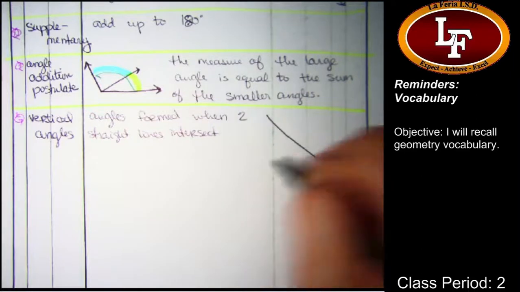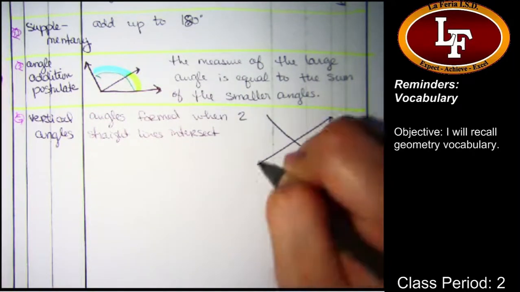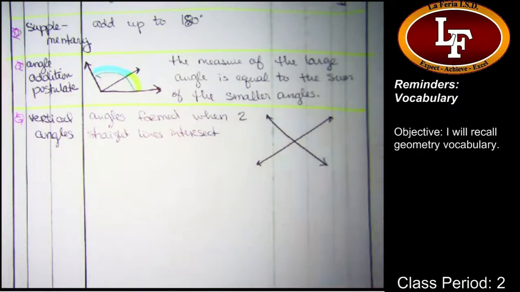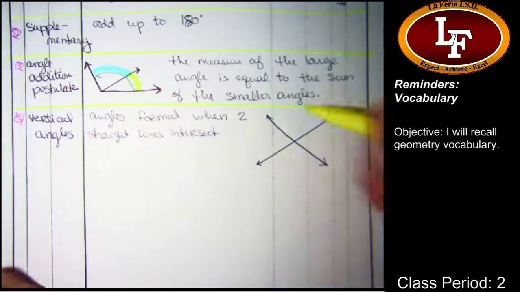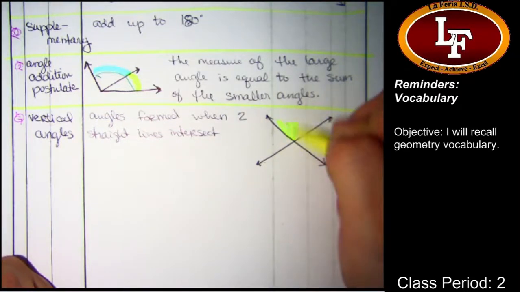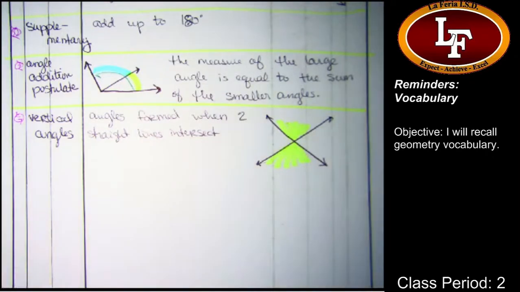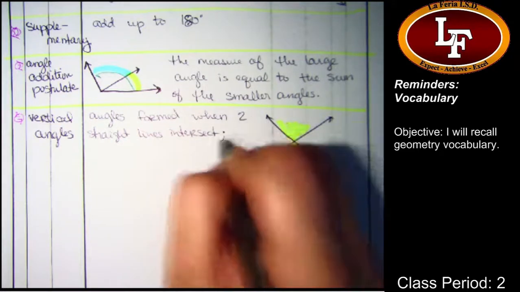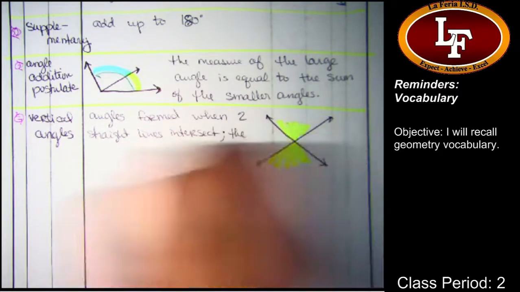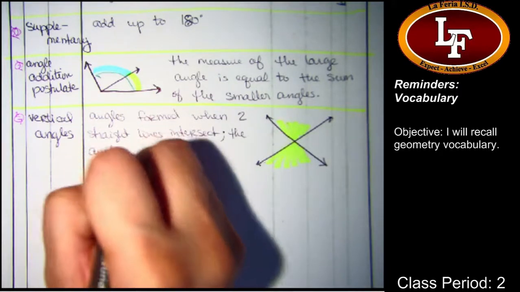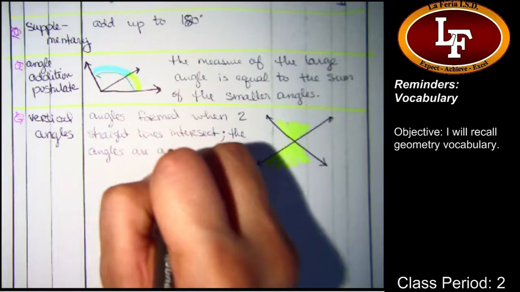Here's what she did with her fingers. She made an X. And the vertical angles are the ones that are across from each other, so they're not next to each other.